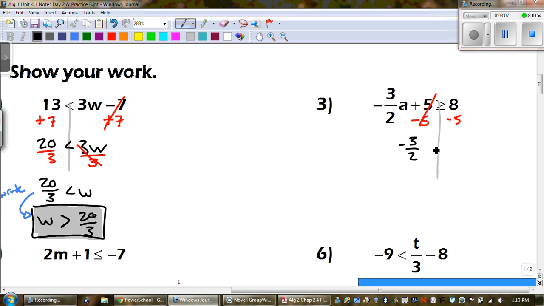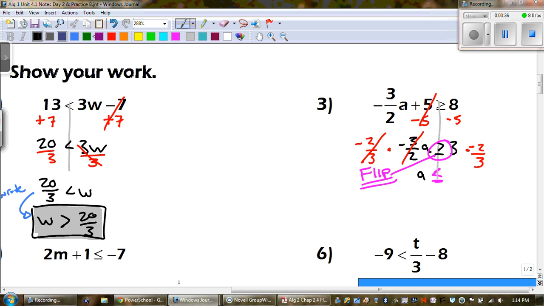We had to subtract the 5. Now, to get rid of a fraction, you need to multiply by the reciprocal. And I'm multiplying by a negative, so if I'm multiplying by a negative, I have to flip the sign.